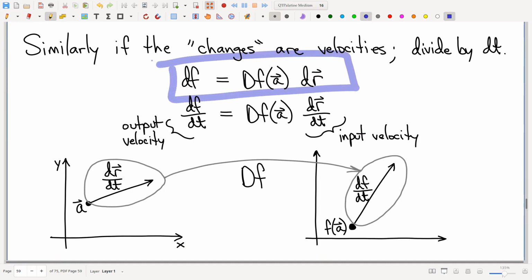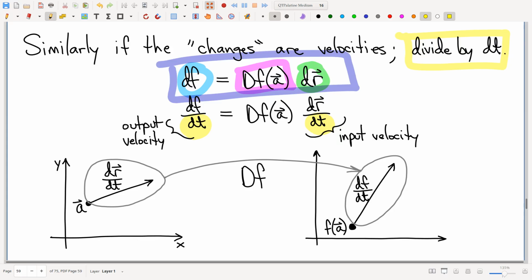similarly, this original formula we were just looking at, right? Input differential, output differential, the derivative matrix is what relates input to output. Divide both sides by dt. I mean, I'm being a little floppy here, but I'm going to say morally this is fine.